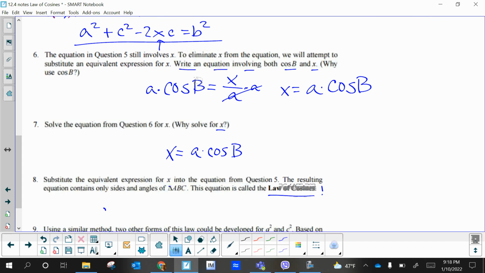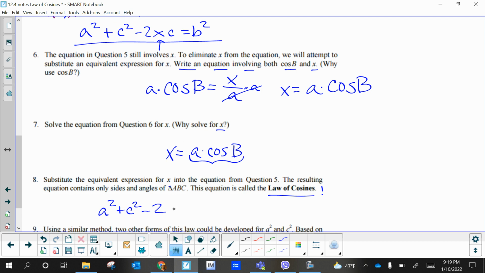Okay, so I have a squared plus c squared minus 2xc. Now, what am I plugging in for x? I'm plugging in a times cosine of b.